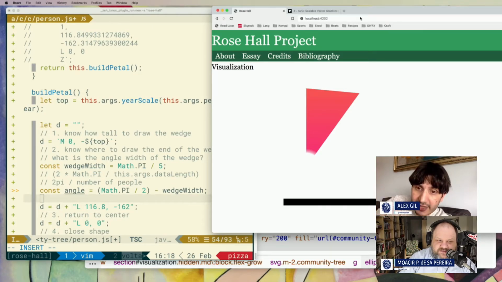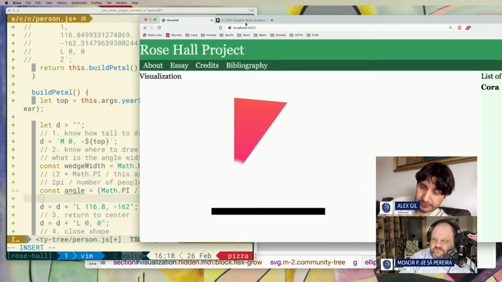We saw last week that it will actually draw different widths for the wedges based on some kind of best fit. We'll worry about that later. Right, we're not worrying about that right now. So that means we can come up with a fixed number, fixed all the way to the end. Even if it doesn't draw all the way to the end, it's still implied as a fixed width.